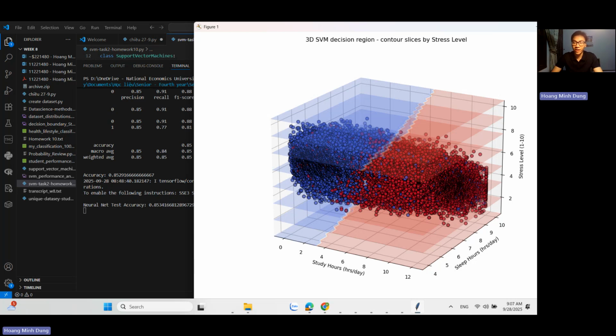It's not a simple flat plane, but a complex nonlinear surface that bends and shifts depending on the stress level of the student. We can see clearly that students with less study hours will be labeled as low performance, and the more they study, the greater the proportion labeled as high performance.